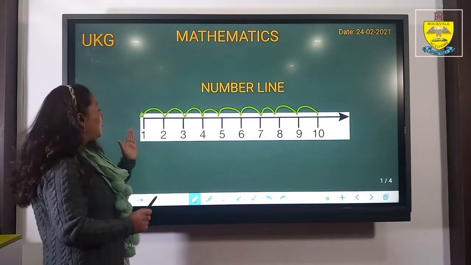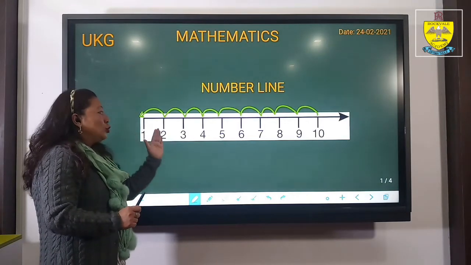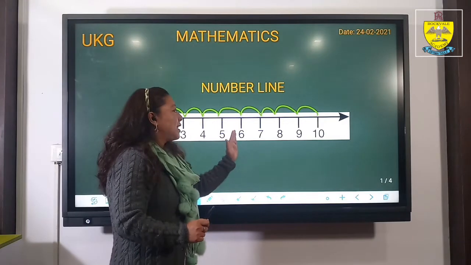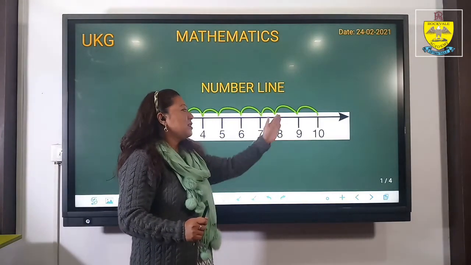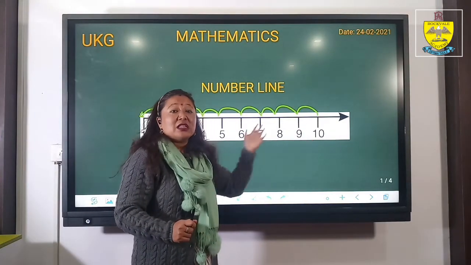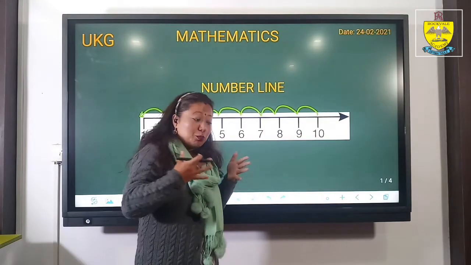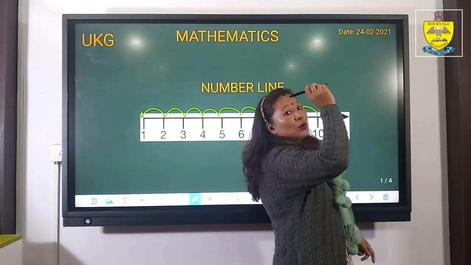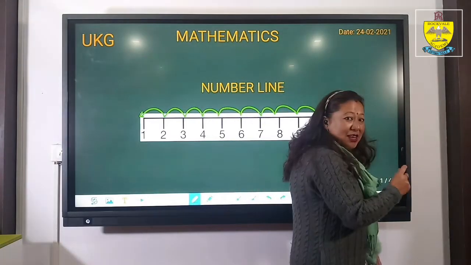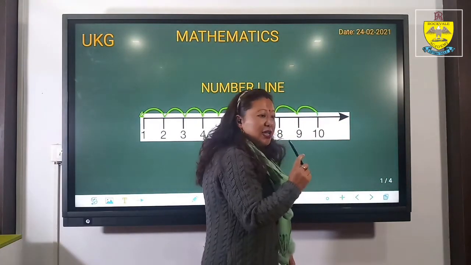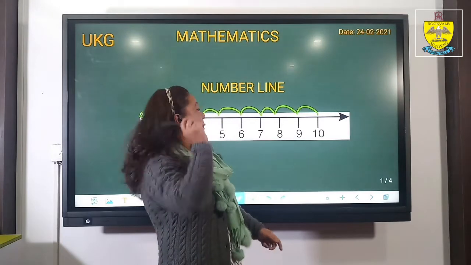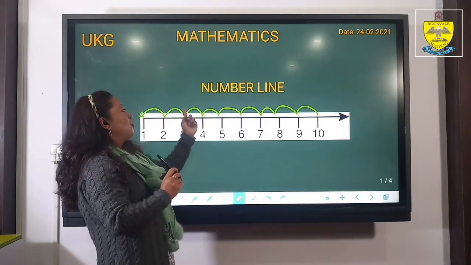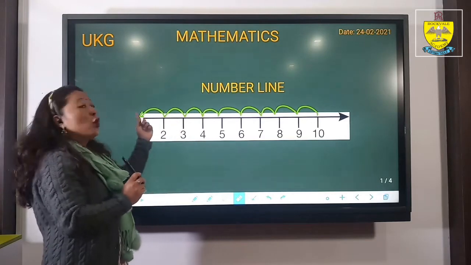When you count from 1, 2, 3, 4, 5, 6, 7, 8, 9, 10, this is forward counting. You're moving forward. Now we are moving backwards. So it's 10, then 9, 8, 7, 6, 5, 4, 3, 2, 1.